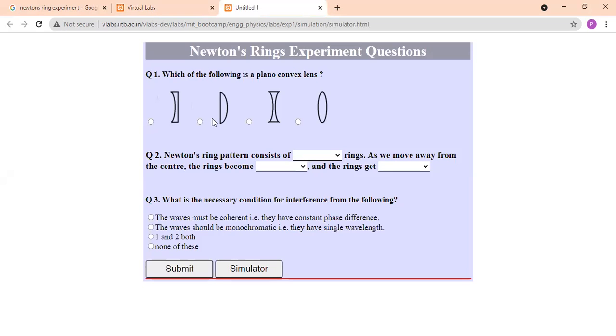Okay, so आप, let us, for the example, Newton's ring pattern consists of concentric rings that... the ring becomes thinner and thinner.